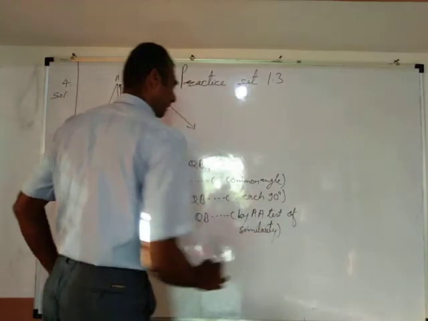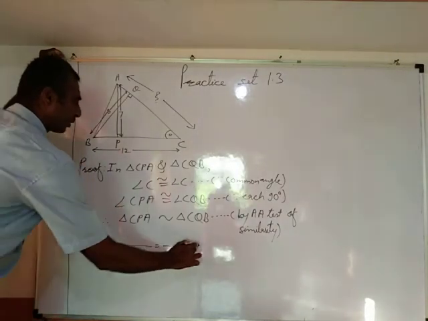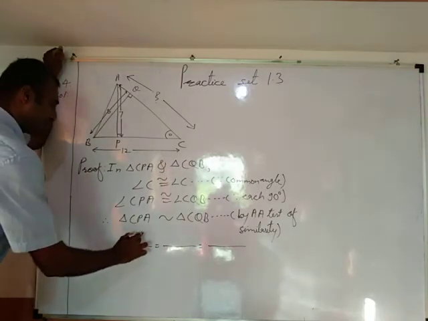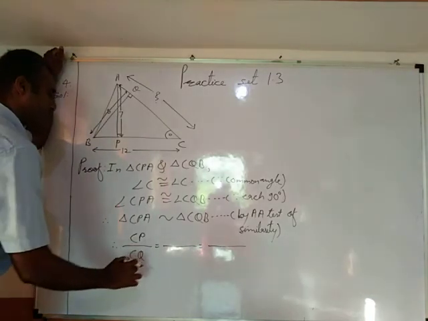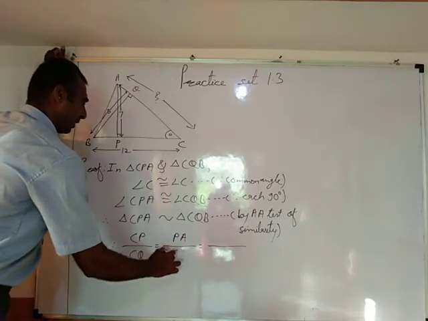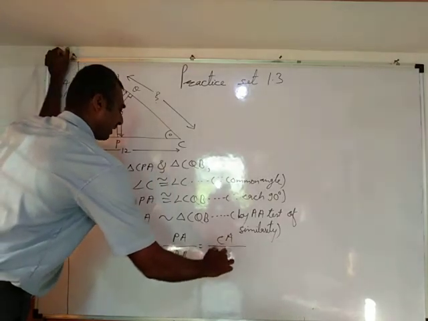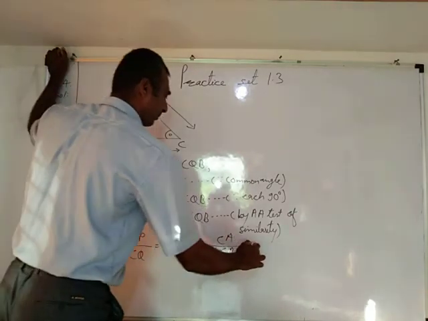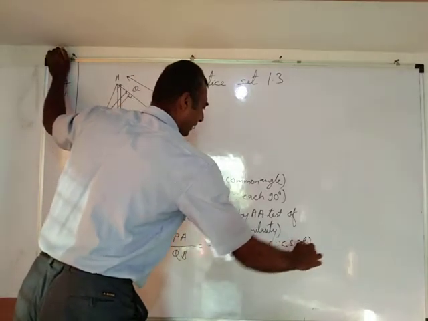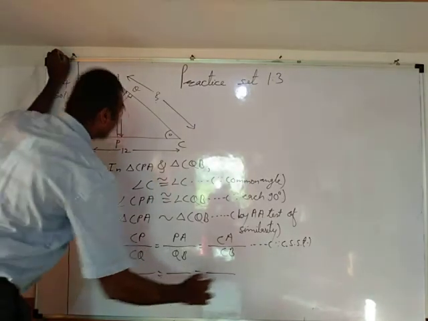And we know that if two triangles are similar, then their corresponding sides are in proportion. Therefore, CP upon CQ equals PA upon QB equals CA upon CB, since corresponding sides of similar triangles. Now let's put known values.